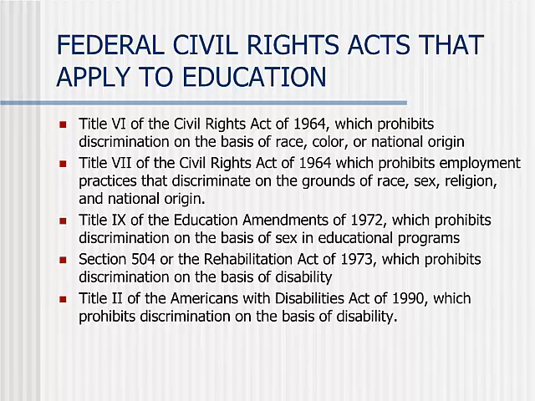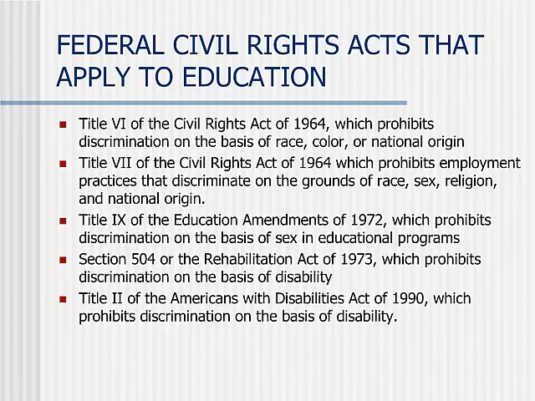Section 504 of the Rehabilitation Act of 1973 prohibits discrimination on the basis of disability, both for student and teacher or employee. Title II of the Americans with Disabilities Act of 1990 prohibits discrimination on the basis of disability.